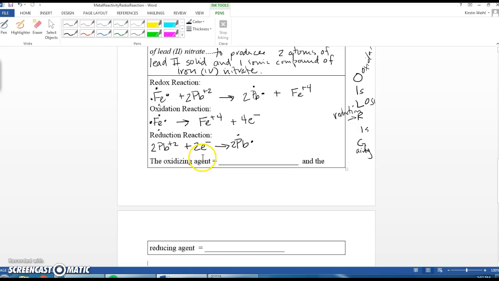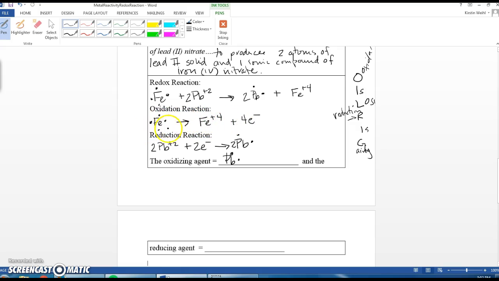So the oxidation reaction is which chemical actually made the iron lose those electrons and give them away, and it was lead. You see that lead now has gotten those electrons from the iron. So lead is the oxidizing agent, and it's always the opposite of the chemical involved in the oxidation reaction.